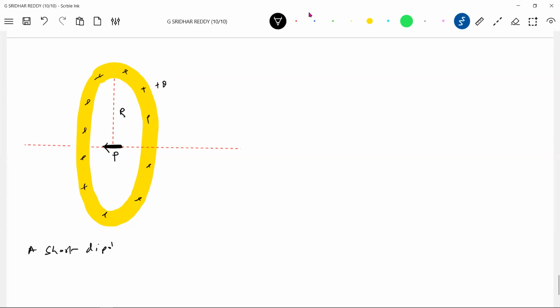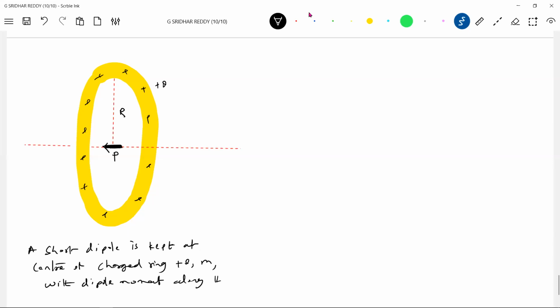I'll describe the question. A short dipole is kept at the center of a charged ring, plus q, with dipole moment along the axis.